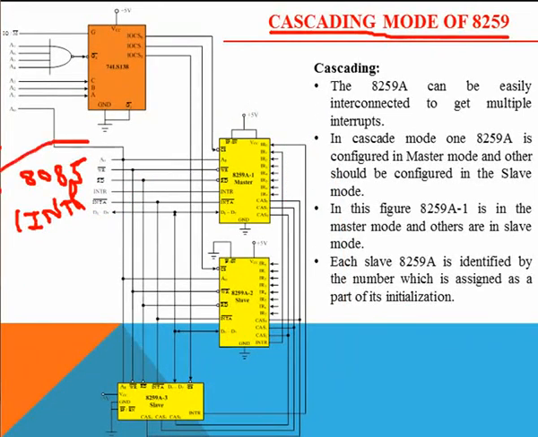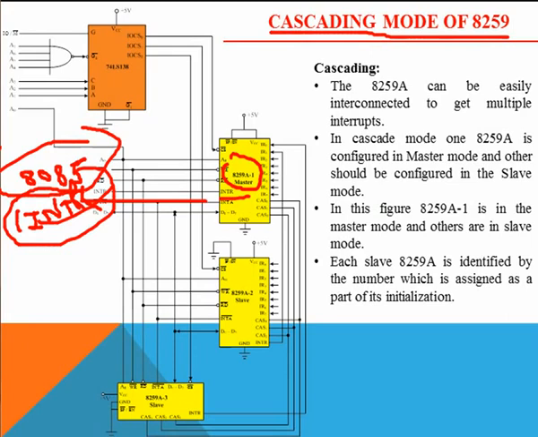Since 8085 has only one INTR pin, only one 8259's INT pin is connected to the 8085 INTR pin. The one connected directly to the 8085 INTR pin is referred to as the master 8259.